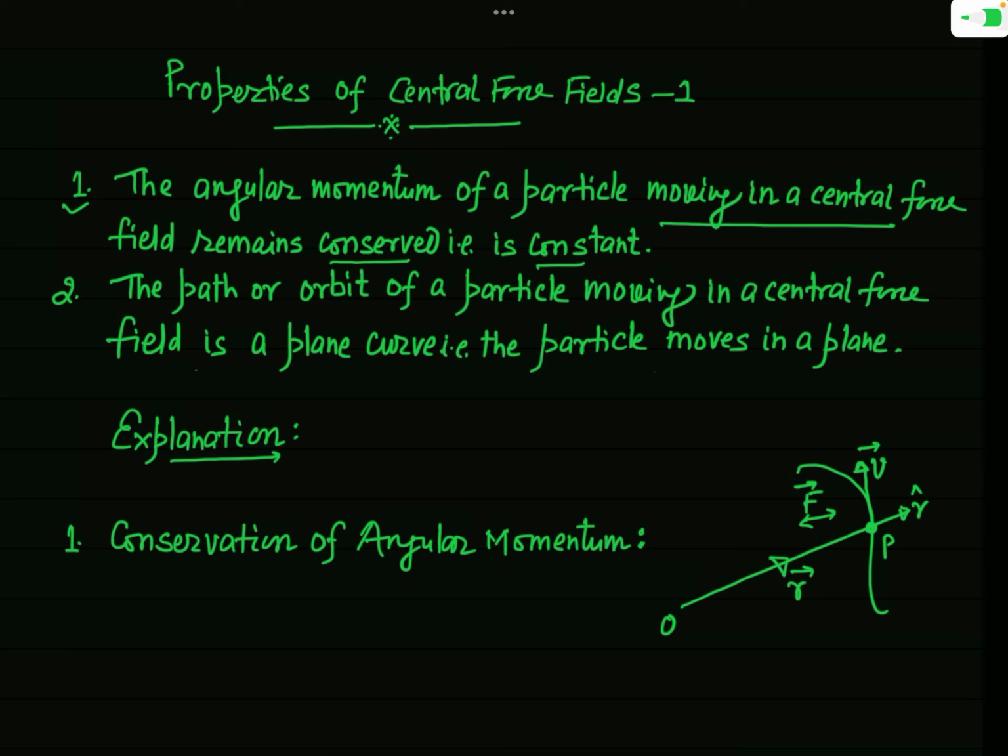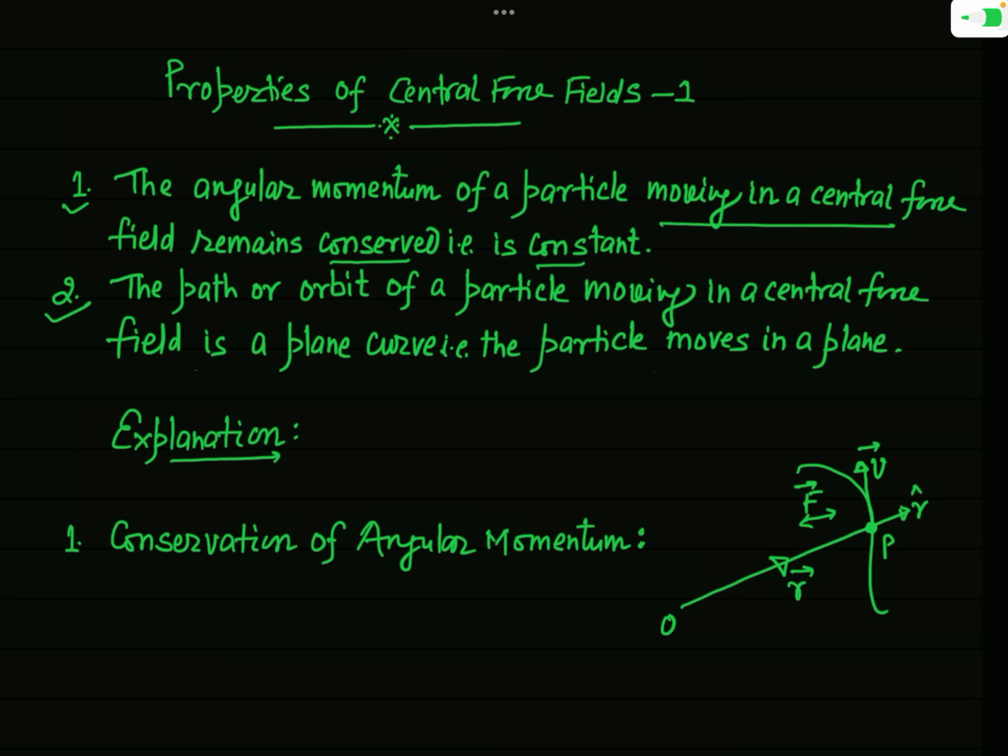So remember, the angular momentum of any particle moving in a central force field will never change in magnitude and in direction. It will always remain constant. And the other important property, which I told you from the beginning, is that whenever a particle moves under a central force field, the motion of the particle takes place in a plane.